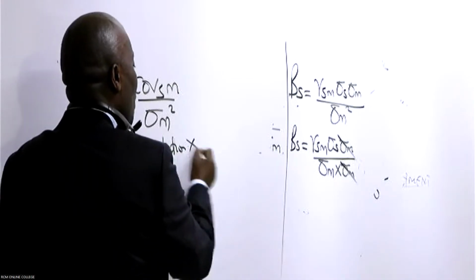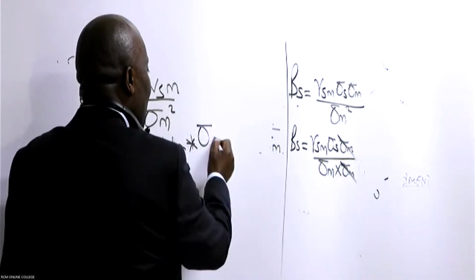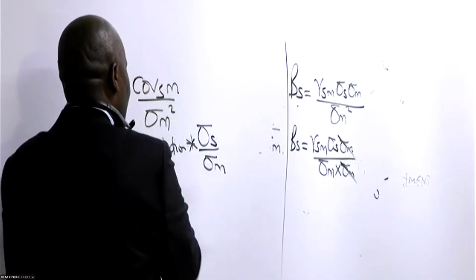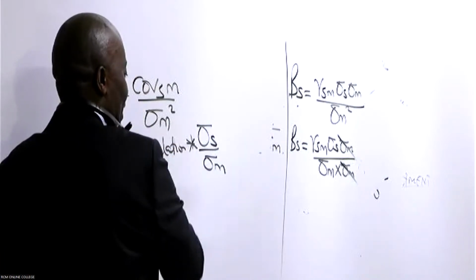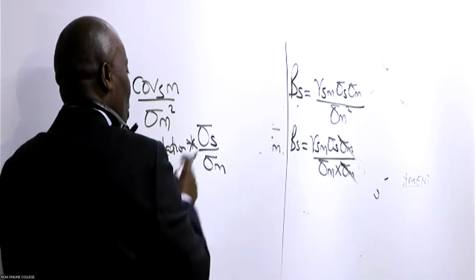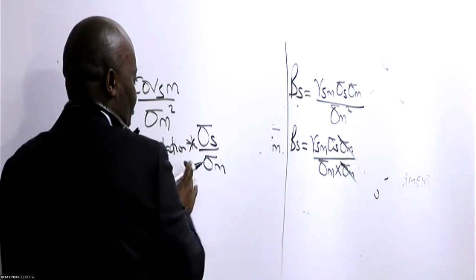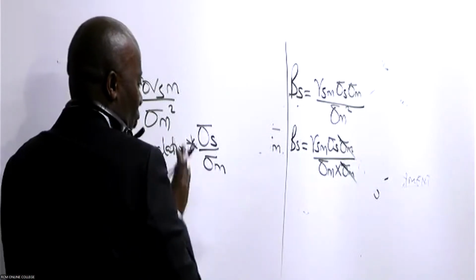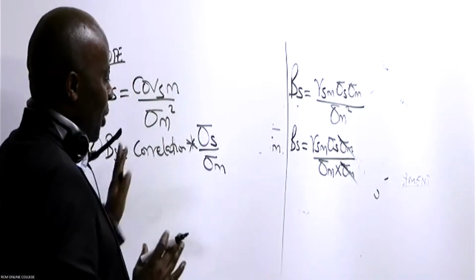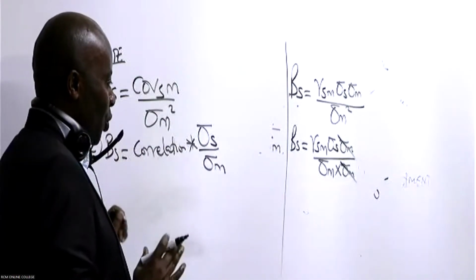You take the correlation given, and multiply it by the standard deviation of the security all over the standard deviation of the market. This is how students like it. You multiply the correlation provided with this quotient, standard deviation of S all over standard deviation of the market. The moment you master this that way, you'll always be correct in these questions.